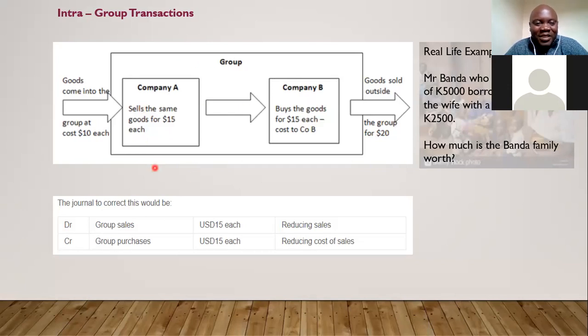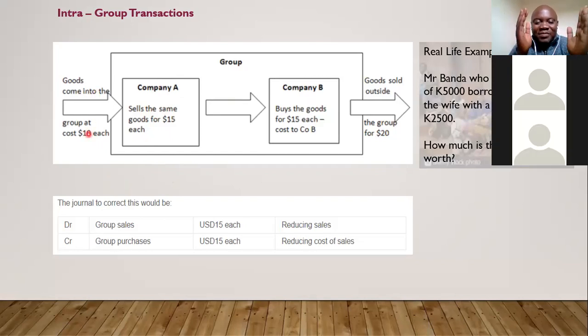Let's just imagine one thing here. These are basically real life business activities. Goods come into the group at $10 each, and get into company A, which may be the parent company or subsidiary company, any of the two, it doesn't matter.